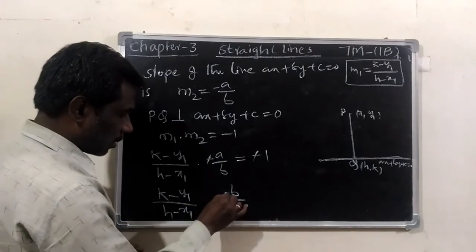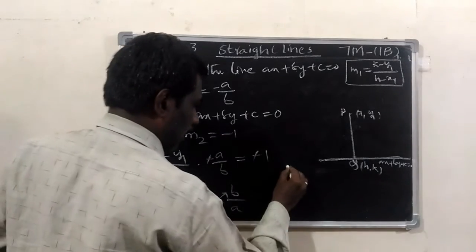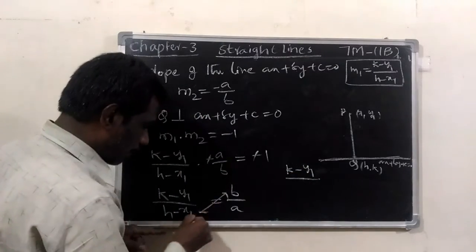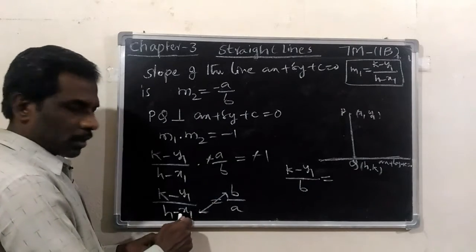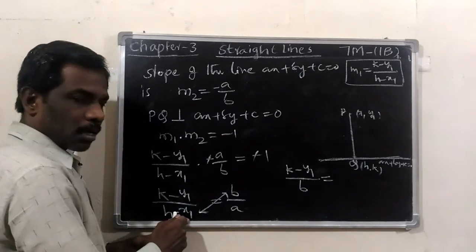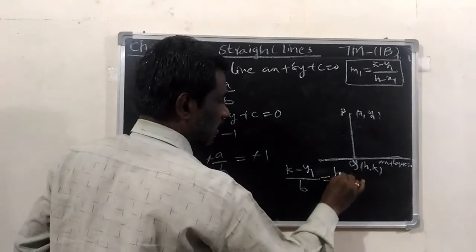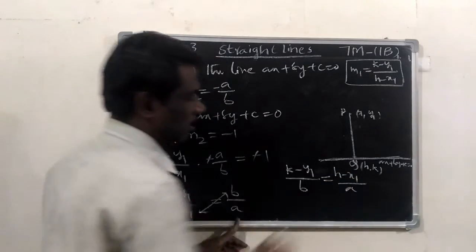And next we exchange these two values. Now we can write it now, (k - y1)/b, take this b here downwards, and this denominator value take in place of b, (h - x1)/a, write a as it is.